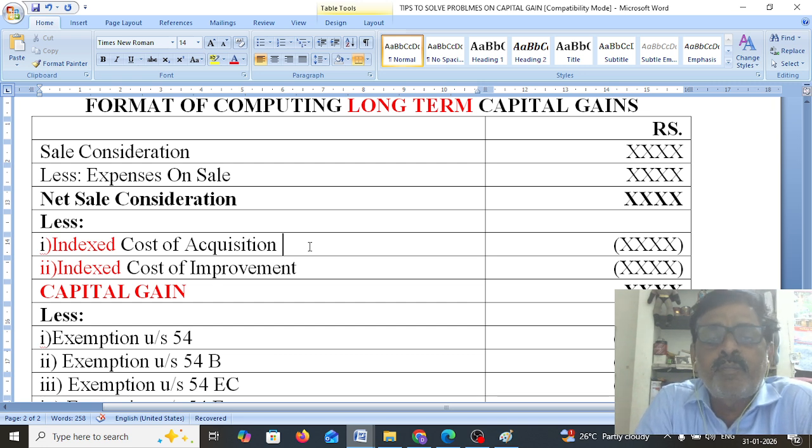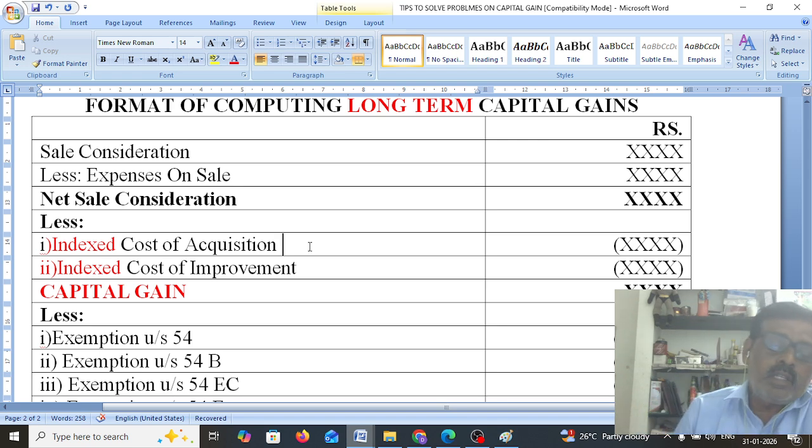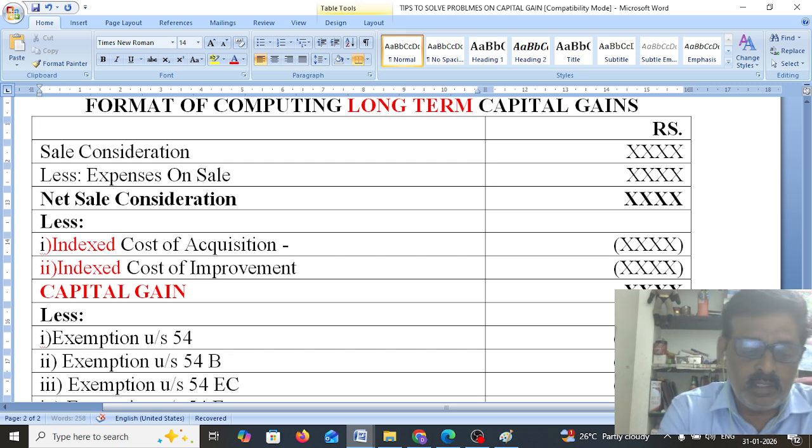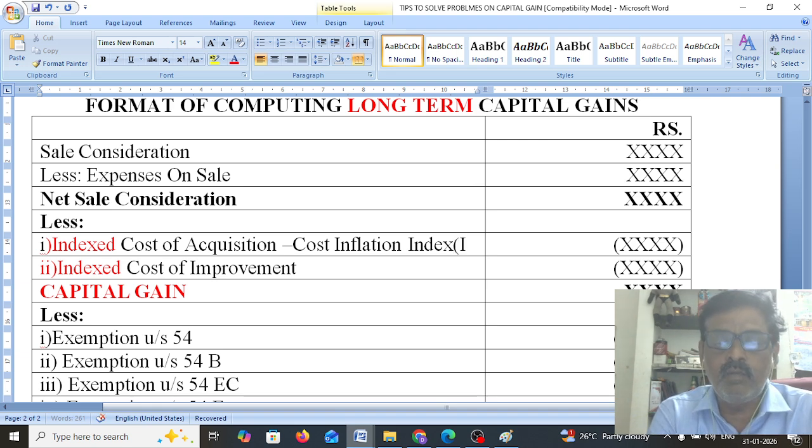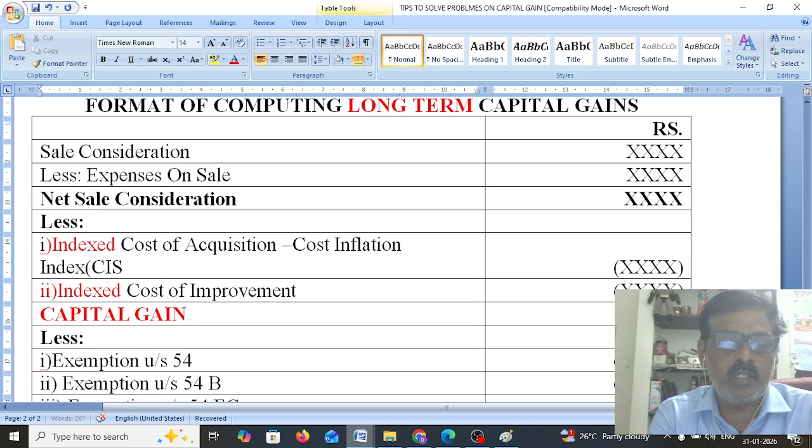We have to see what the cost is now, that is, the cost for the current previous year based on the cost inflation index. That is what we call indexing. Using the cost inflation index, we will find out the cost for the previous year.